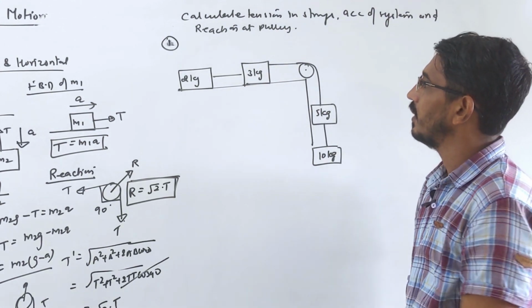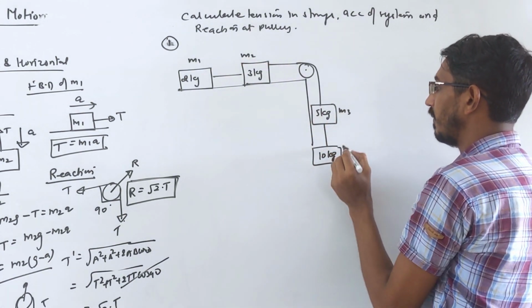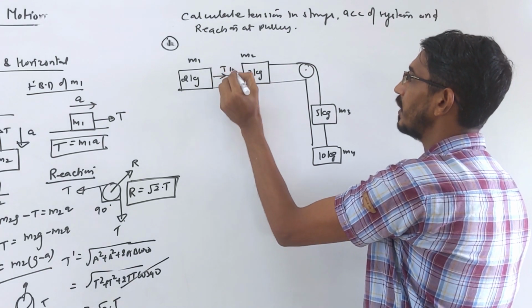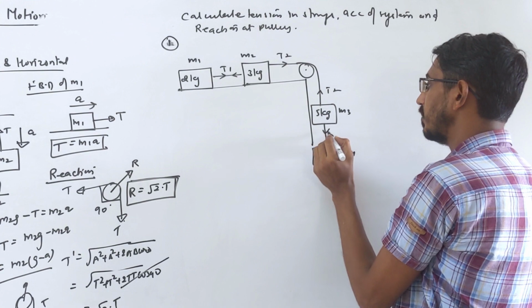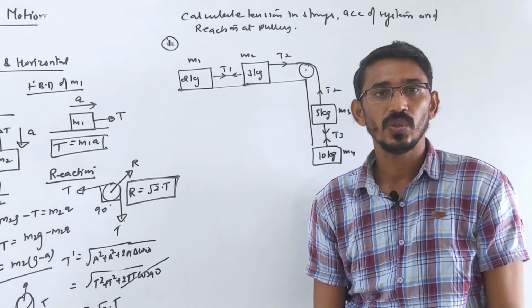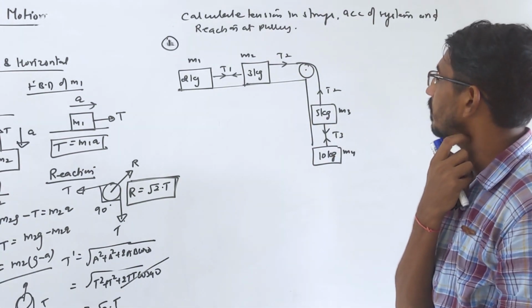The names we give are M1, M2, M3 and M4. The tension between these let's call T1, the tension here T2, and the tension in this string T3.